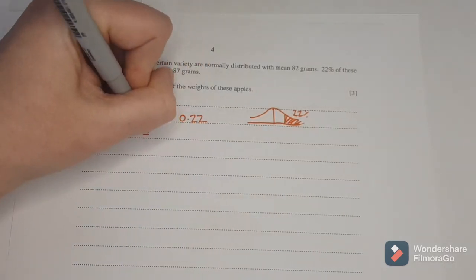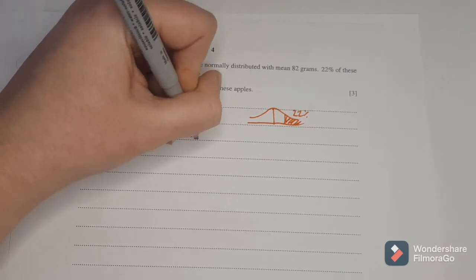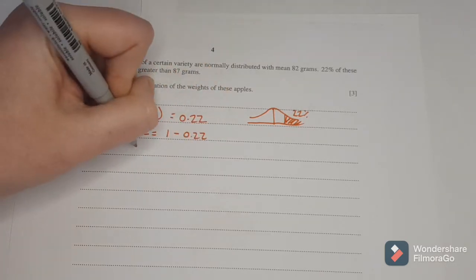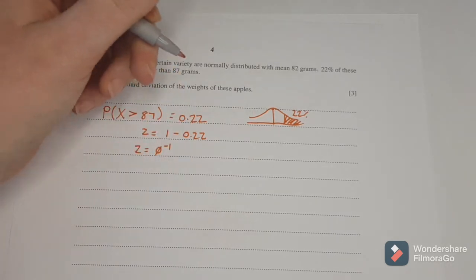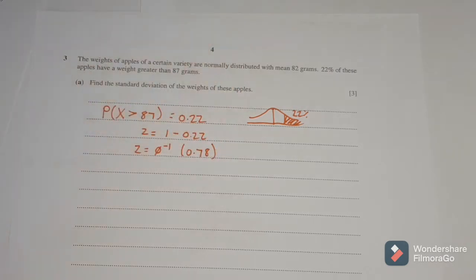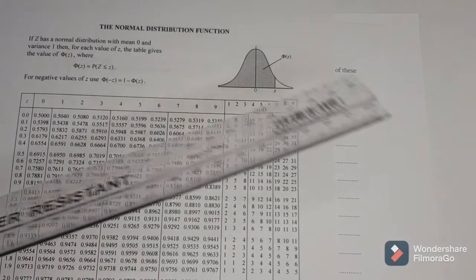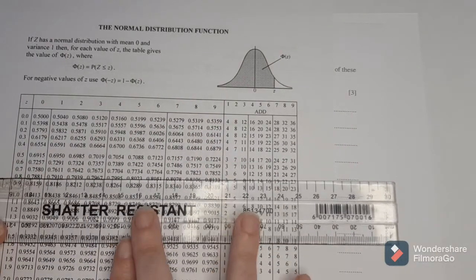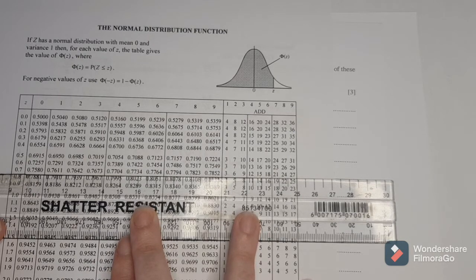So to get my z value, it's 1 minus my 0.22. So now I am looking on my table in reverse for 0.78. So now I look in the table and I find the closest thing to 0.78 that I can get.